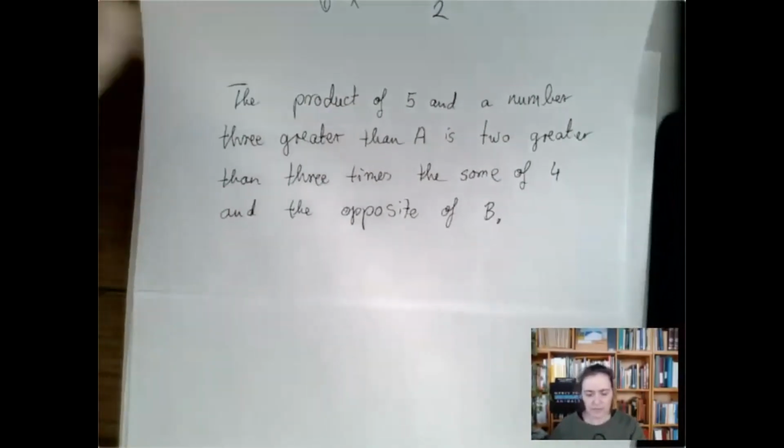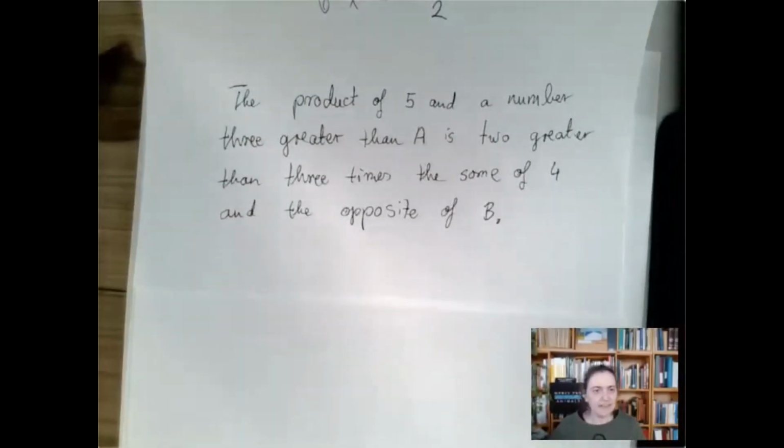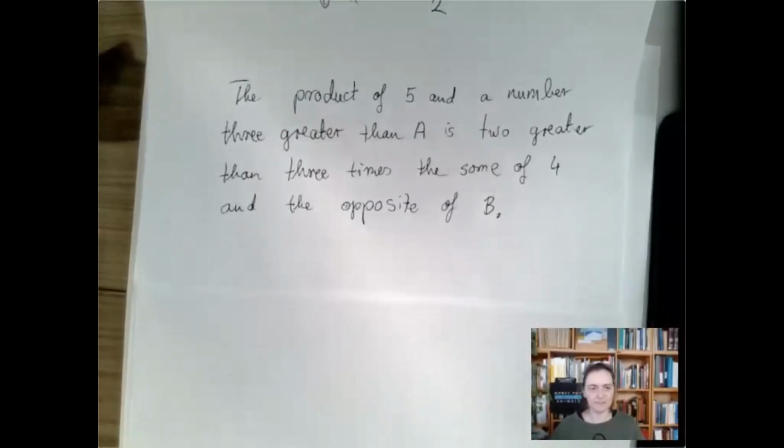All right. Oh, this is like 5 lines. The product of 5 and a number 3 greater than a is 2 greater than 3 times the sum of 4 and the opposite of b. It's a lot of blocks, but none of them are really hard, I think.